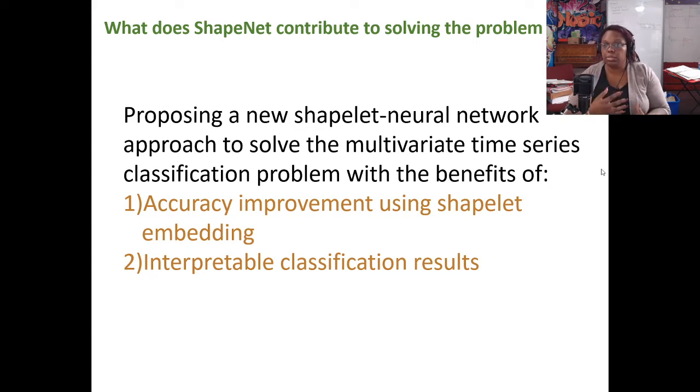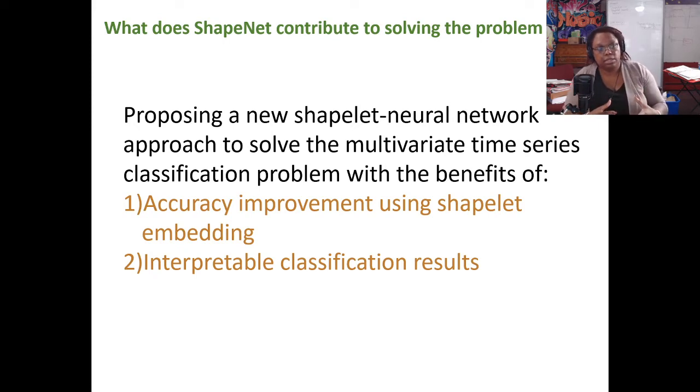And how they propose doing this is using a multi-length input dilated causal convolutional neural network, which is an enhancement of a previous study in 2018 by Bagnall, Coulter, and Colton, where they embed the shapelet candidates of different lengths and different variables into a unified space, hence shapelet embedding.